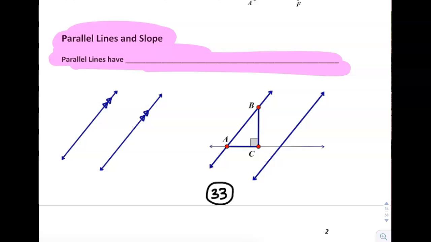But parallel lines have the same, let's see, if I went up and over, up and over, and the parallel line, wouldn't that be the same? So if they're parallel, they have the same slope. Parallel lines will have the same slope, which means they have the same m value, right?